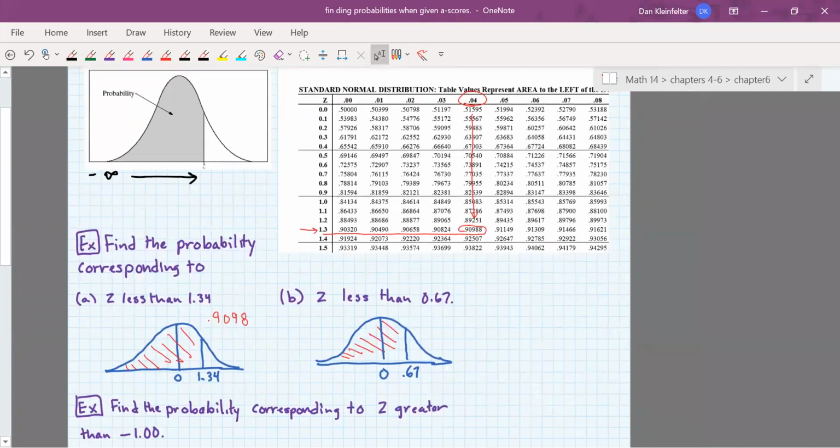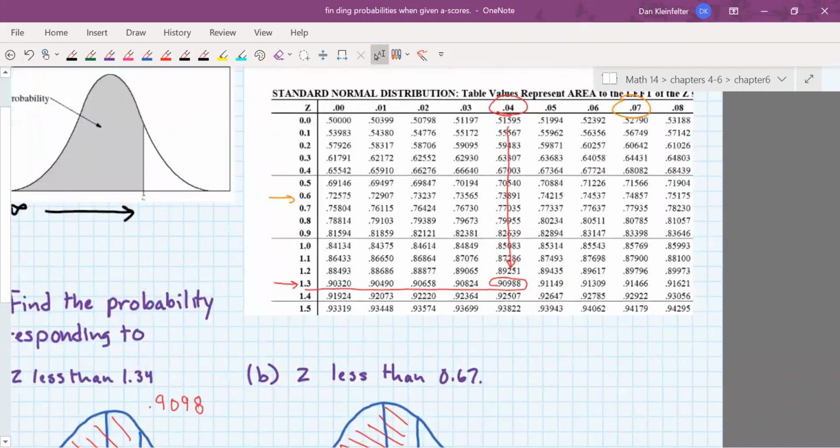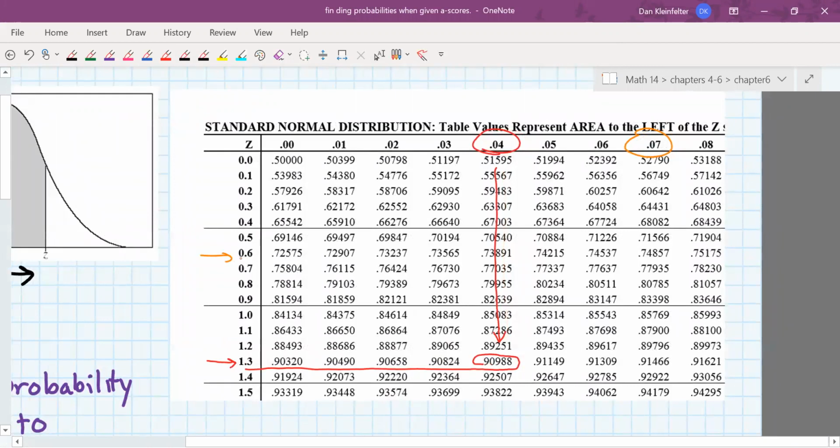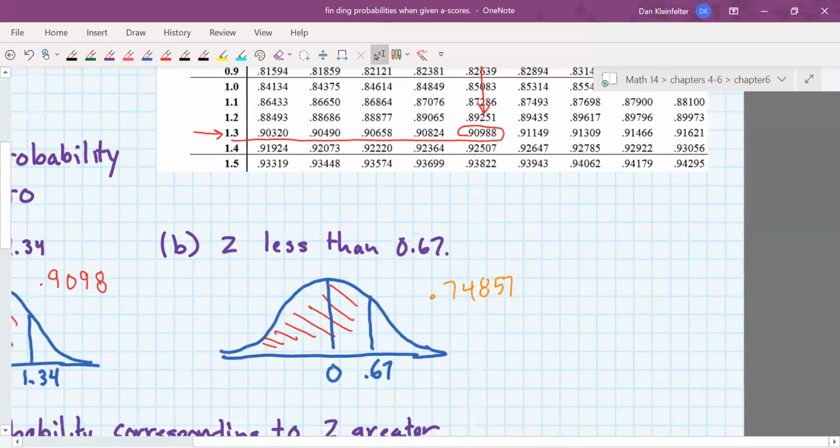Locating it in the table, there are no whole numbers here, so it's only going to be the tenths place, which is 0.6, and then the hundredths place, which is 0.07. So 0.67. Where that row and column intersect, 0.74857.